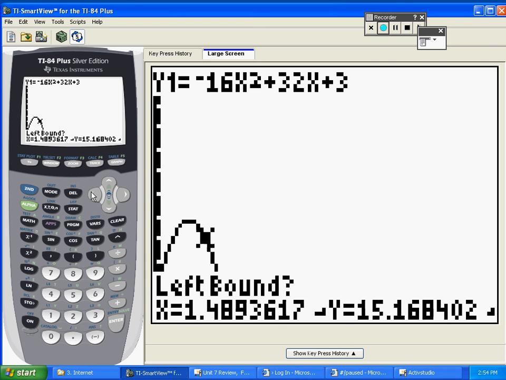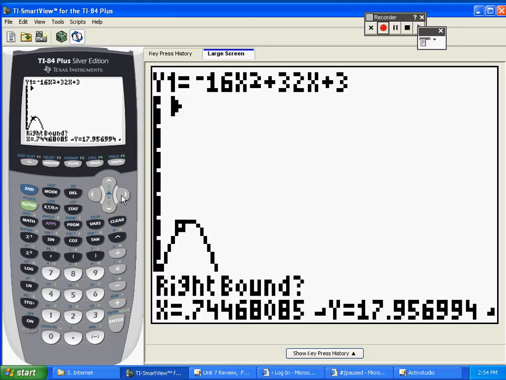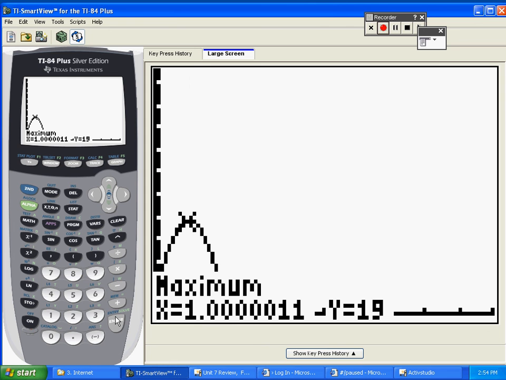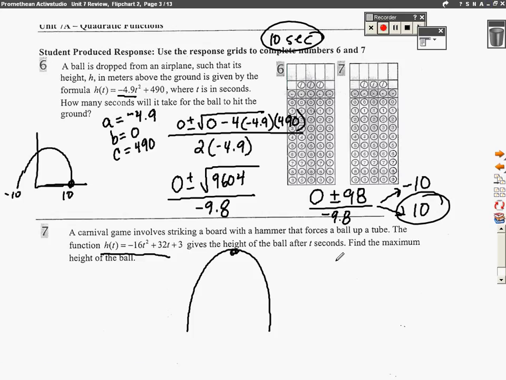And then I can see my cursor right now. I'm going to set the left bound, which means to the left of the vertex. Right bound would mean to the right of the vertex. And guess would be enter. And that maximum is at 1 and 19. So that tells me that the maximum height of the ball would be 19 feet.